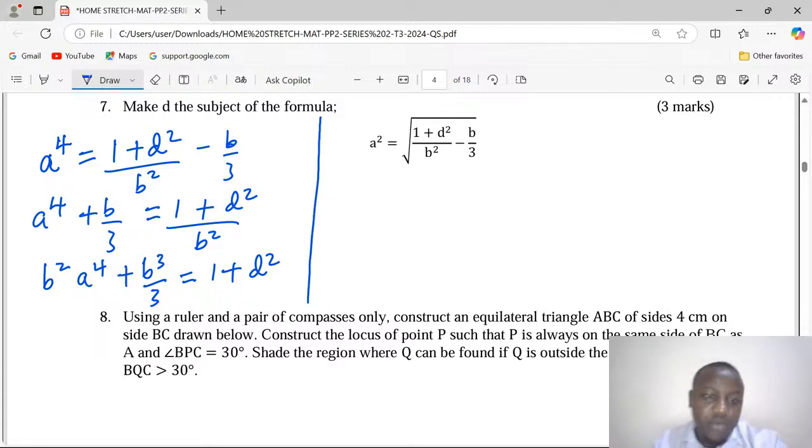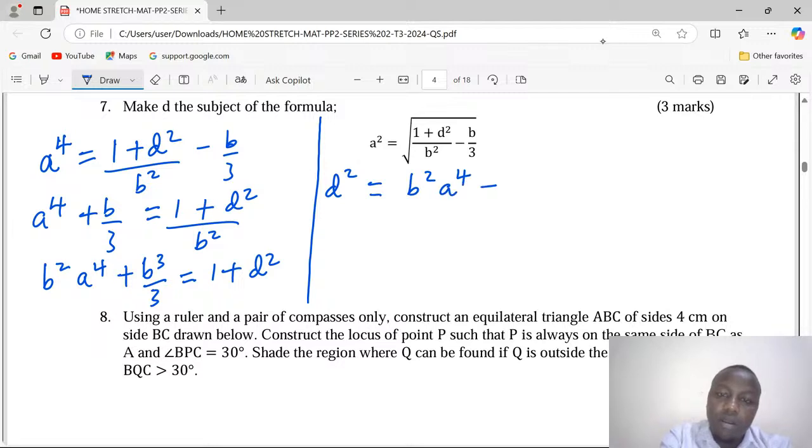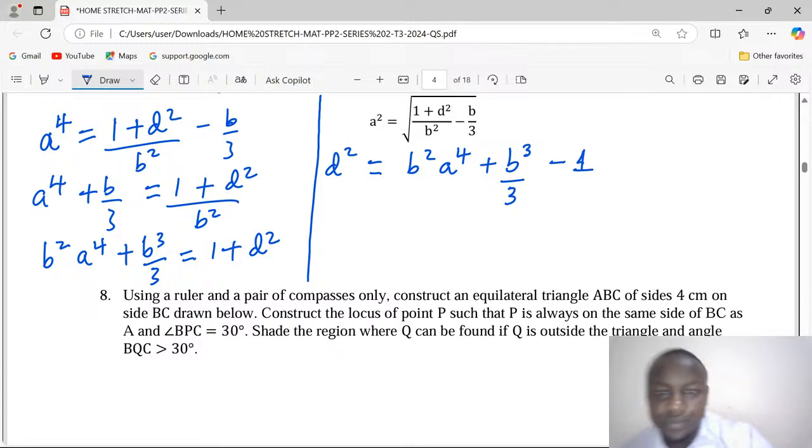Now that we have 1 on the right hand side, we can choose to remain with d squared alone there. And we take 1 to the other side where there is b squared a power 4 plus b power 3 out of 3. Then now we subtract 1, like that.